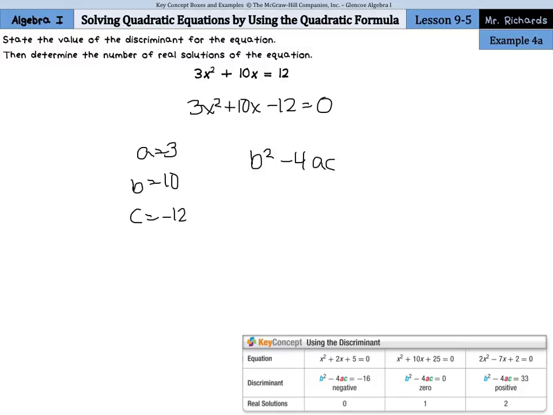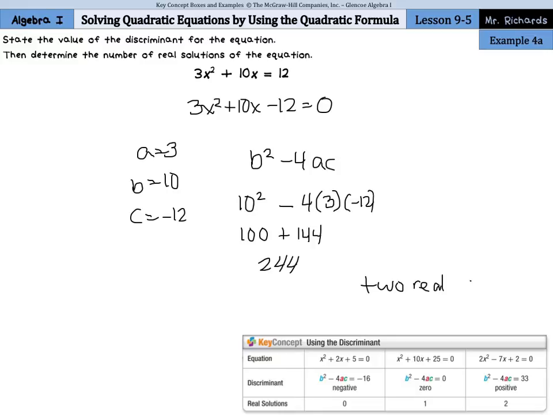So we'll put in 10 for b, minus 4 times a is 3, c is negative 12. So 10 squared is 100. And then negative 4 times 3 times negative 12 is 144. And this simplifies into 244. And so it's a positive discriminant, so we can say this has two real solutions.